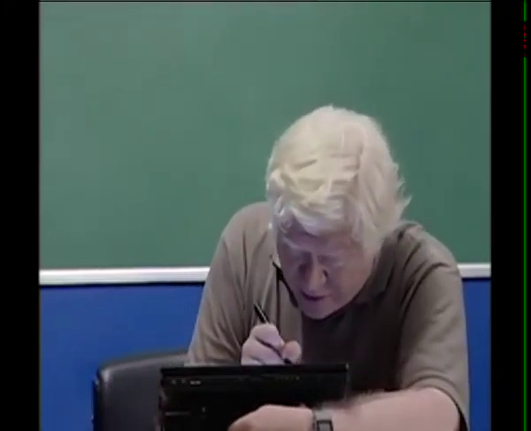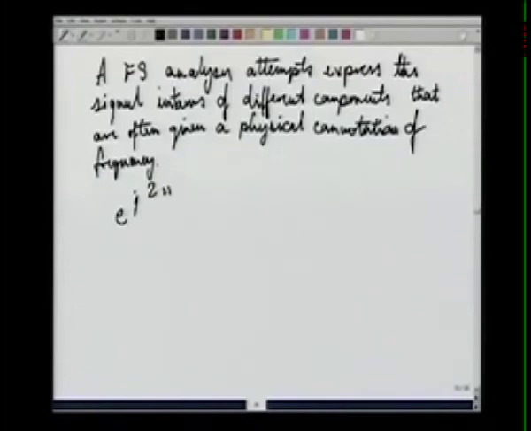When you have e to the j 2 pi k t by T as a certain periodic complex exponential, we can denote 2 pi by T by some frequency omega naught. If we write this as omega naught, then omega naught will be called the fundamental frequency.